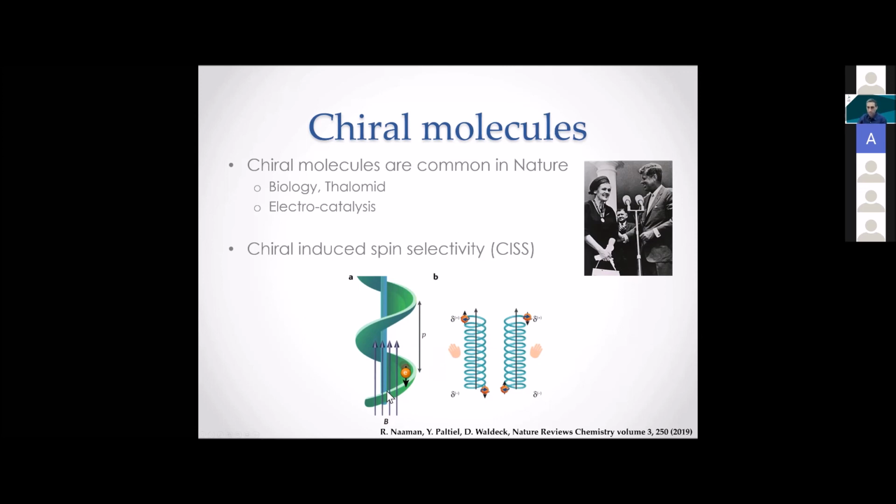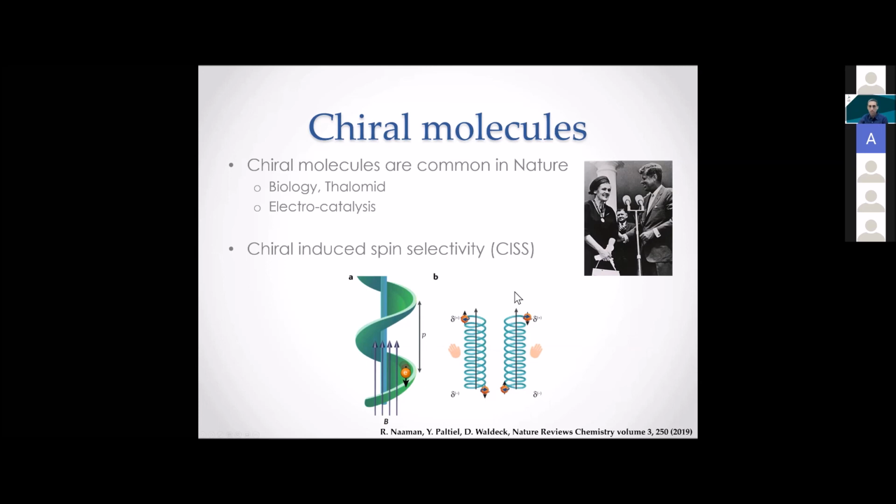It is an interesting and not perfectly well understood effect that has been demonstrated many times over the past several years, but at least conceptually, in a hand-waving explanation, it can be understood through an effective magnetic field or an effective spin-orbit coupling induced by the chiral structure of the molecule, which then creates an energy split between these two spin states, allowing one spin state to transport across the molecule, while the other one is suppressed.